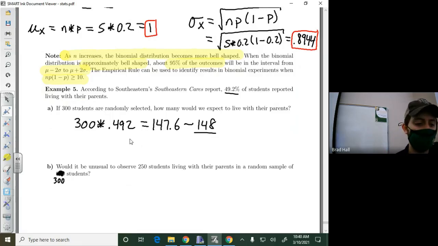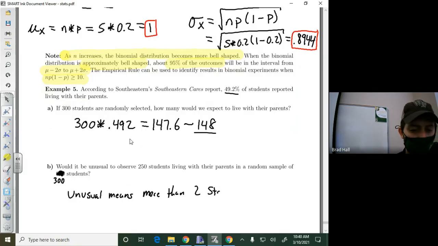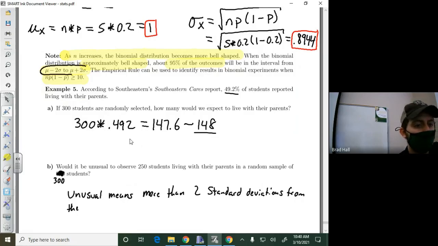What they define as unusual means more than two standard deviations away from the mean, as mentioned in the note at the top here. 2 standard deviations away from the mean.